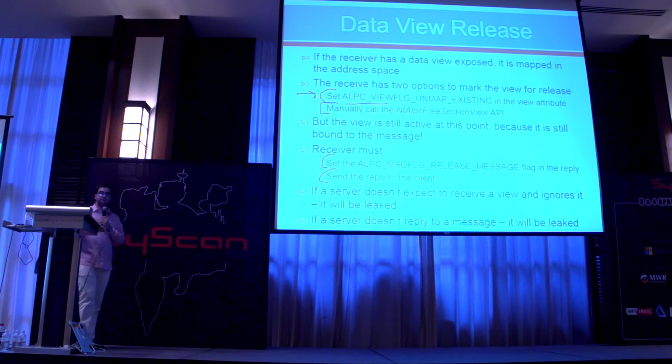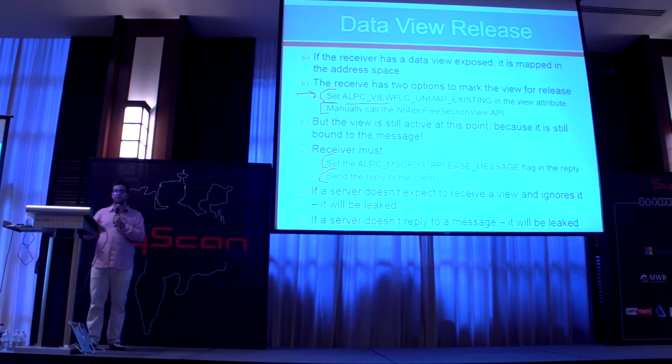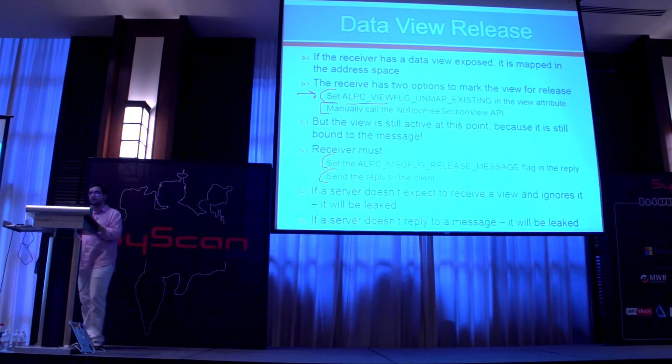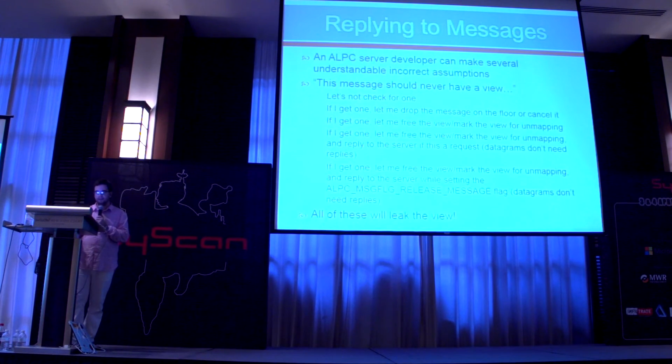So if you don't expect to receive a view and you ignore it, it's going to be leaked. If you don't actually reply to the message, the view will be leaked as well. So even though you've freed the view, unless you make a reply, it's not going to matter.